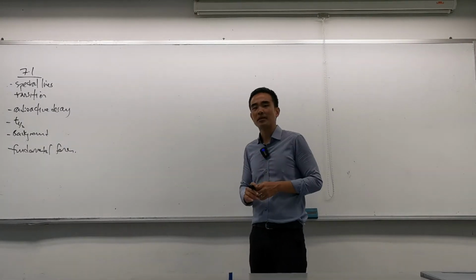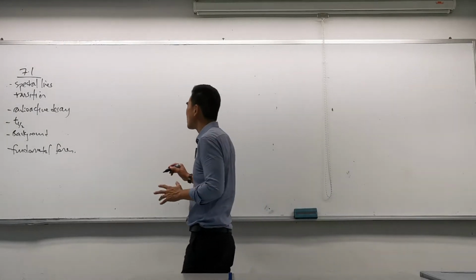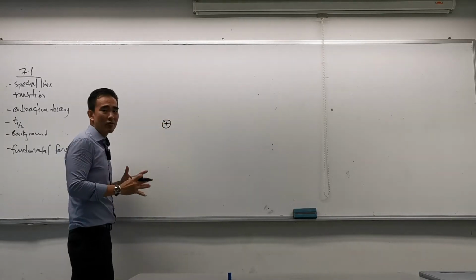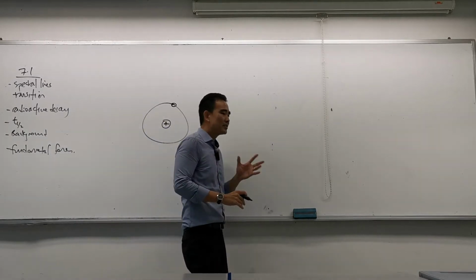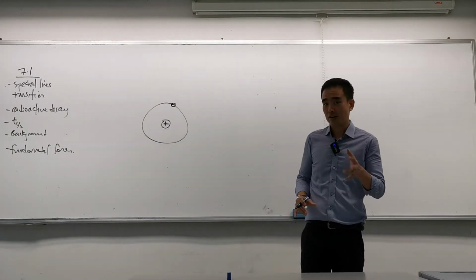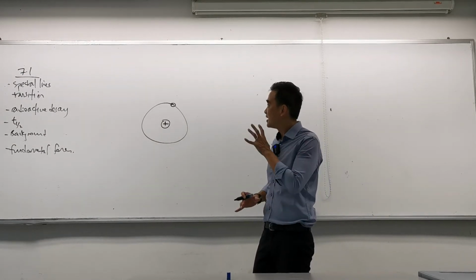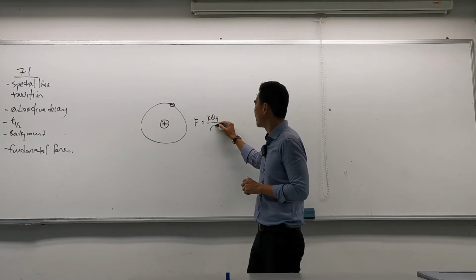Now, the reason why spectral lines are important is because before the spectral lines era, before it was observed, it was understood that the atom comprises a nucleus and an electron that goes around. Now, if you understand the electrostatic force of attraction, which we have gone through in topic 5, the force of attraction is equal to kqq upon r squared.